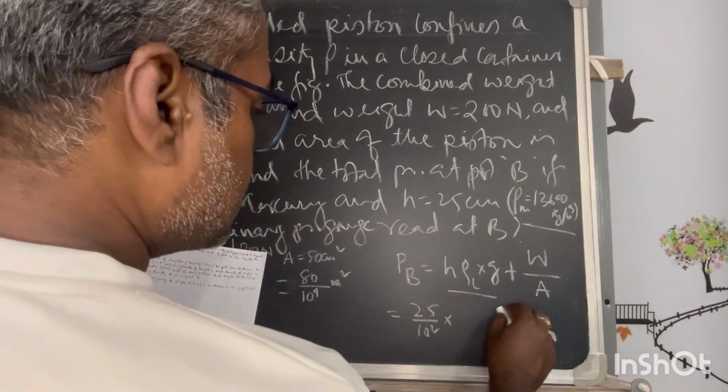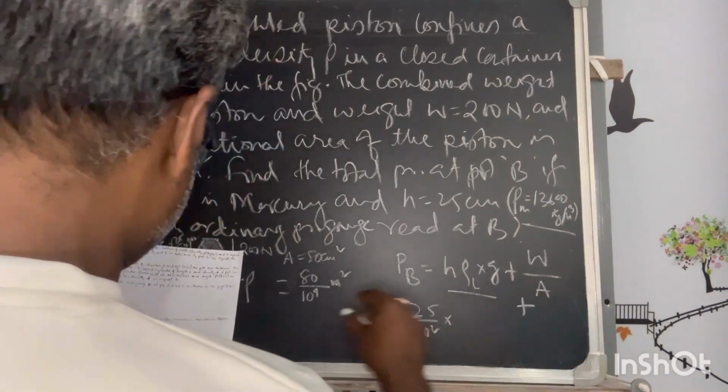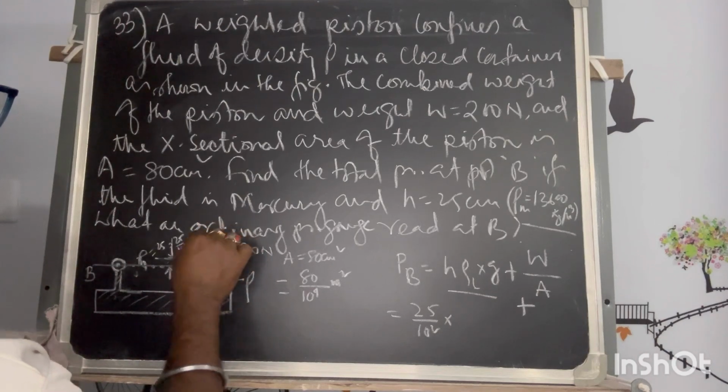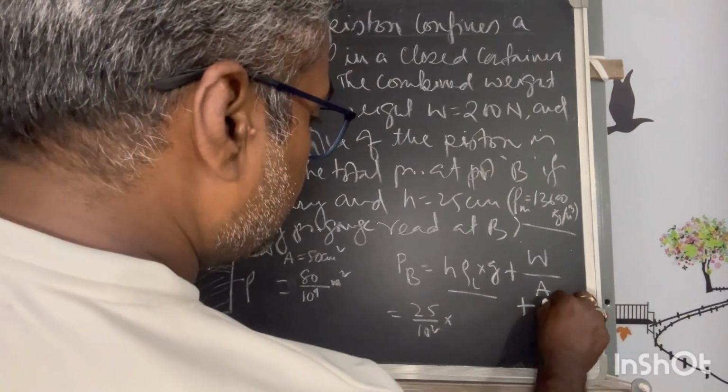Apart from this, some other pressure will be added because this is a free end, so there will be another pressure, the atmospheric pressure. This has to be added there.